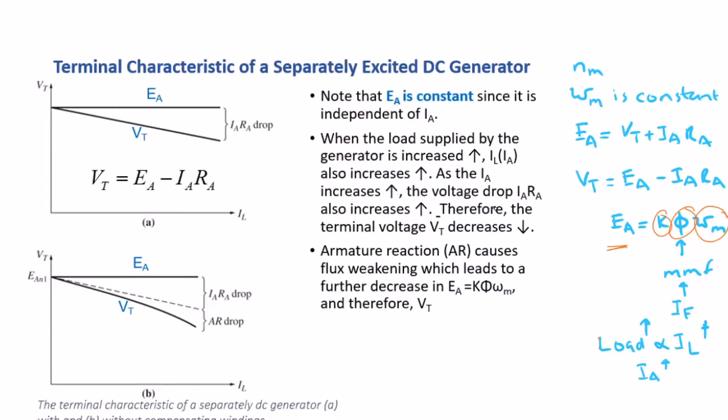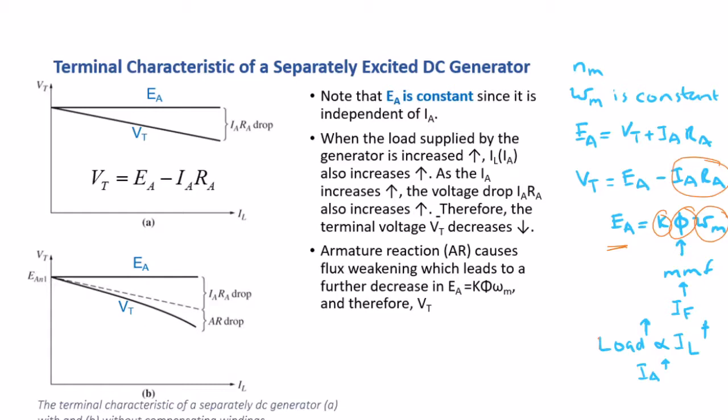And as the IA is increased, the voltage drop IARA also increases. If you look at the right hand side here, this IARA voltage drop increases, which means that the difference between VT and EA is getting bigger.